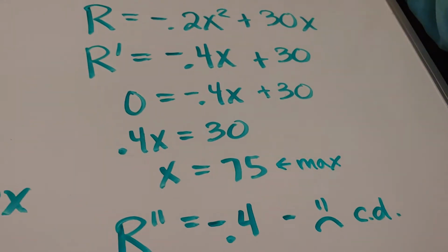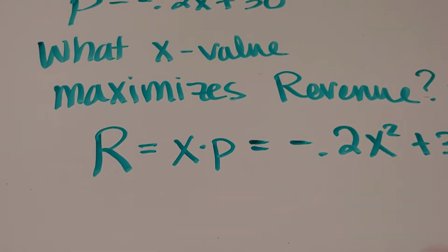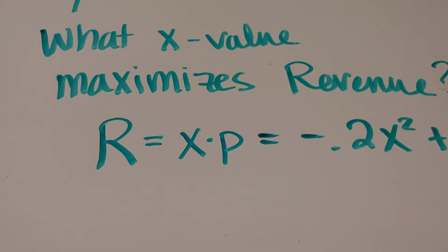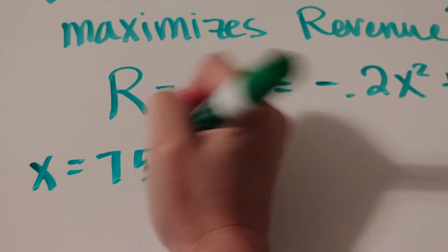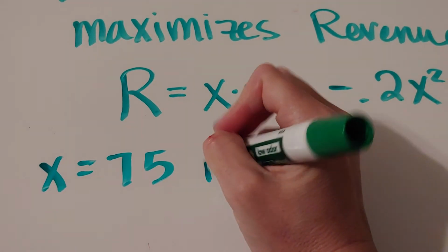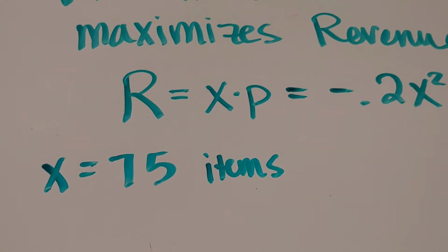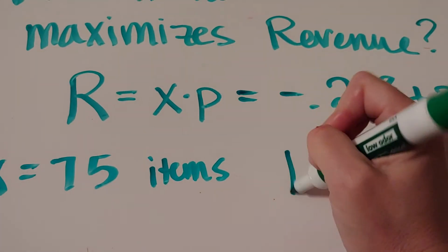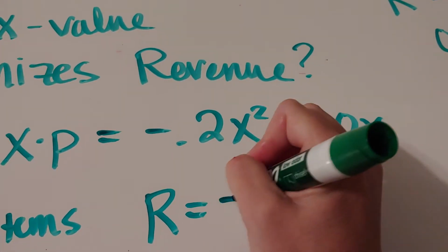Okay, now what that means is that for our company, the number of sales which would maximize revenue would be x equals 75. So I need 75 items that I'm selling. Now if you want to know what the actual revenue is, we would want to plug in 75 into this equation.